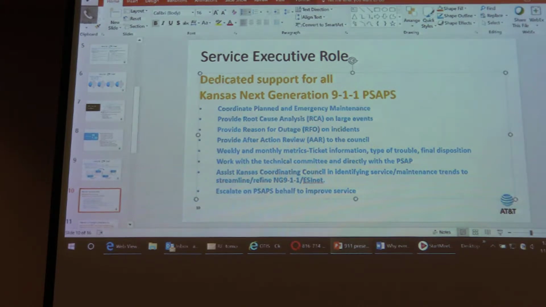Why did this PSAP call in and place a ticket? What was going on? That information is provided to the council every week. Scott, Bill, Randall, different people and myself, we work through those. If we have something outstanding, they'll bring it back to me and say, I don't get this, Lisa. So we work off of those tickets to improve service to you all.